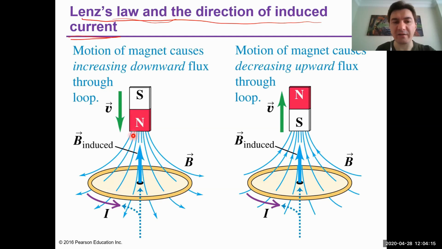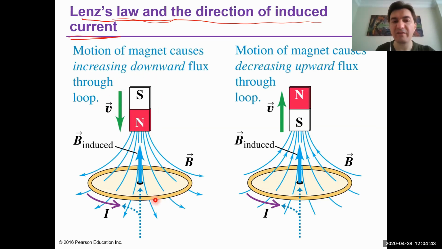What we know is that close to the poles of the magnets, we have a bigger magnetic field, okay? Because we have many magnetic field lines around the poles of the magnets. So at the beginning, this magnet is fixed at that position.